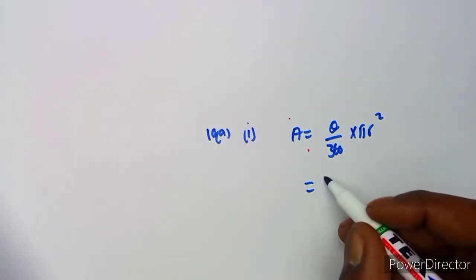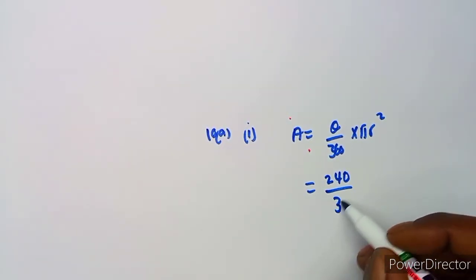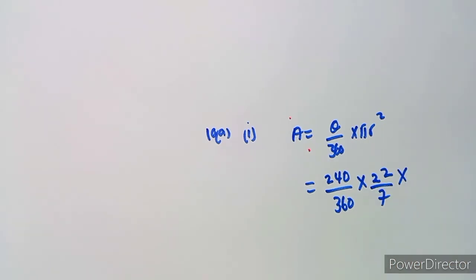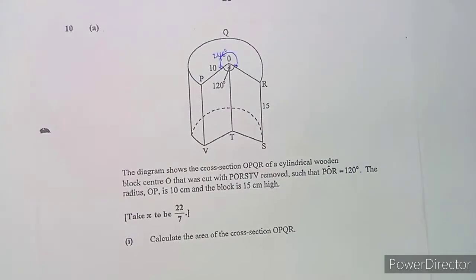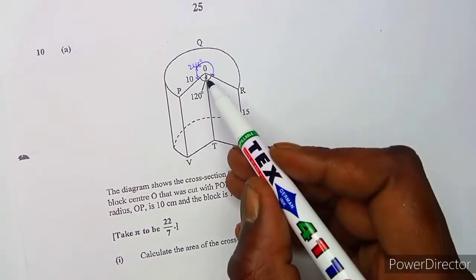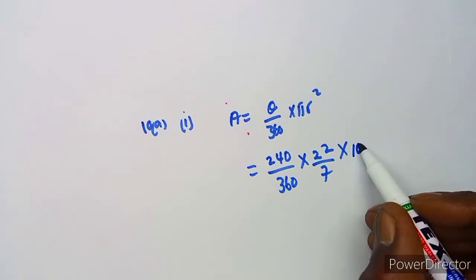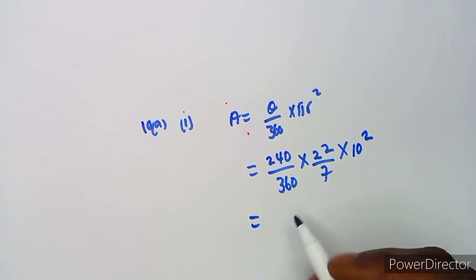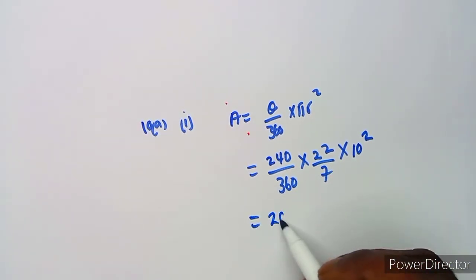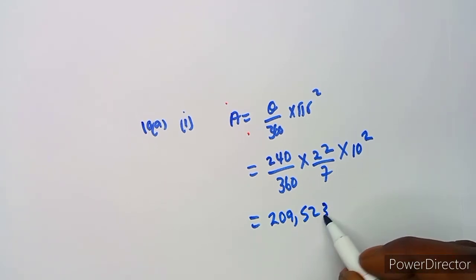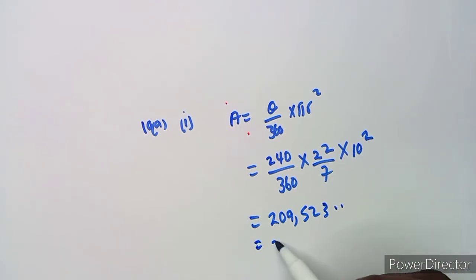Our theta is 240, so it's 240 over 360 times pi, which is 22 over 7, times r squared, where the radius from O to P is 10. So that's 10 squared, which you can just use your calculator for. This gives us 209.5238, something like that, which is your area.